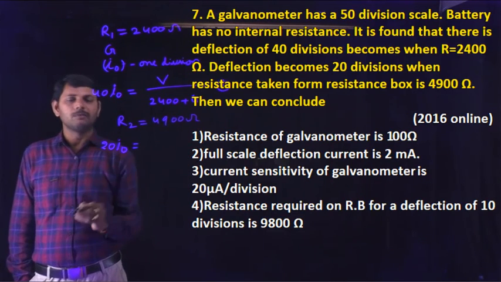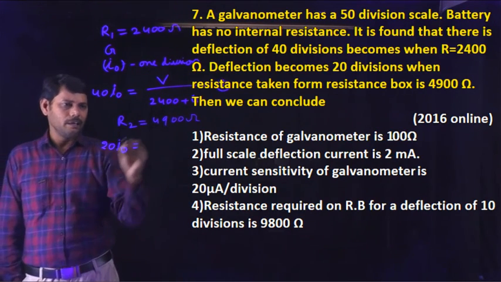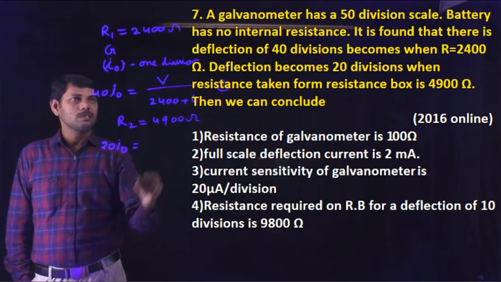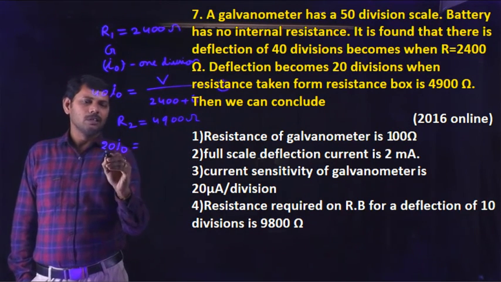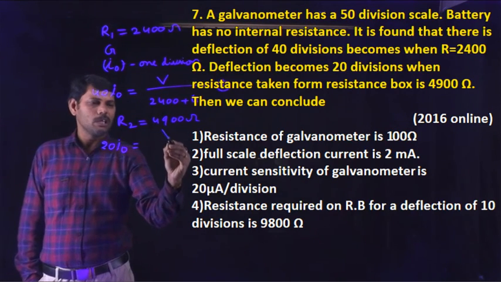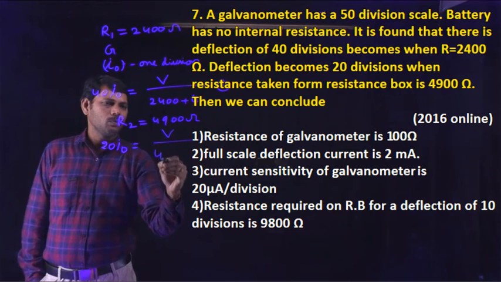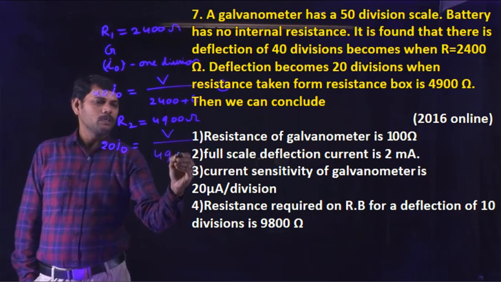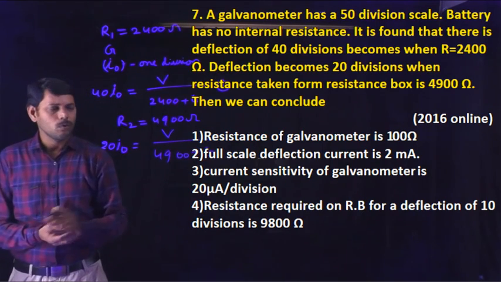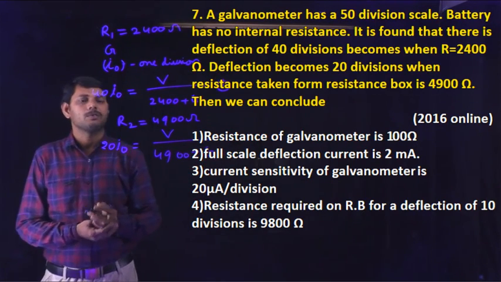That is the meaning of the second data. So when 4900 ohm is used, the net current shows 20 divisions. So the current 20 I naught is equal to V, the same battery, by 4900 plus Z. The resistance is 4900 ohms plus Z, where G is the galvanometer resistance.